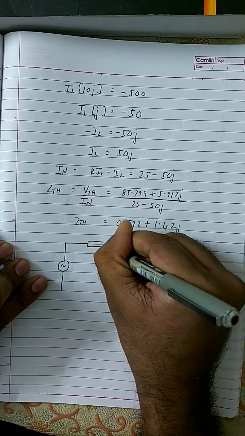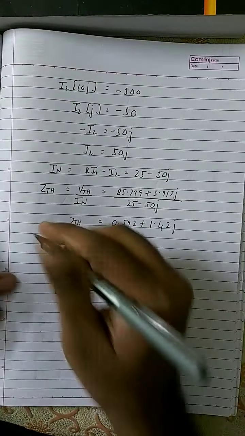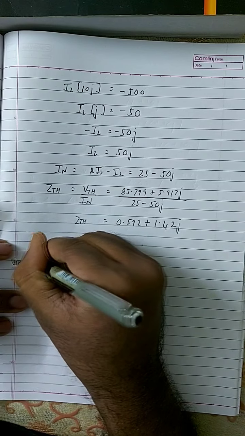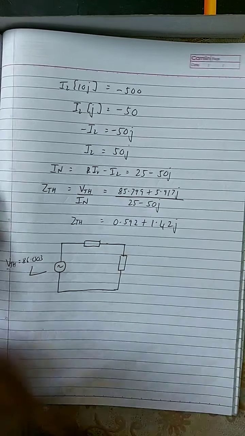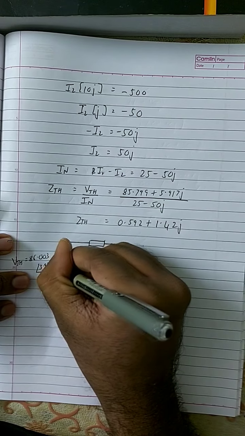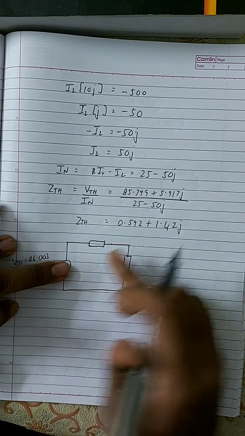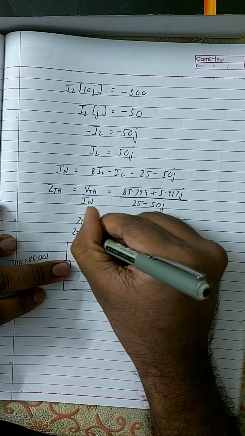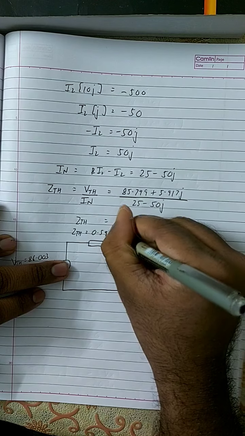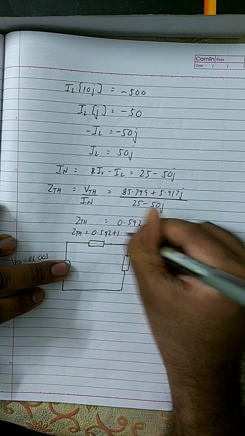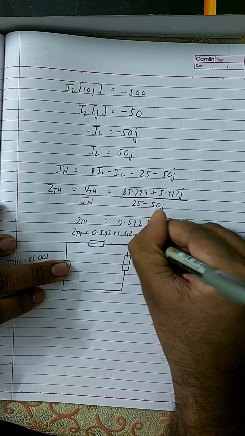Here the value of VTH is this value, 86.003 angle 3.945 degree, and the value of ZTH is, I will use this form because I can find the conjugate very easily, right? So 0.592 plus 1.42J. And this is the value of ZL.